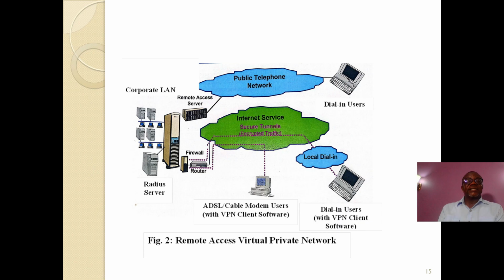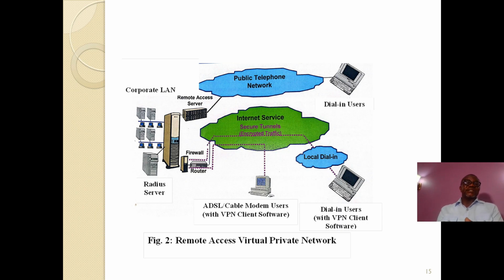So if you look at that firewall, through the remote access server, it gets to the public telephone network. Here in Nigeria, the public telephone network could be any of the GSM service providers, which otherwise are known as the cellular networks. And you see a dialing user up there that when he dials in through the public telephone network, in our case any of the cellular networks, it goes through their network to the remote access server.